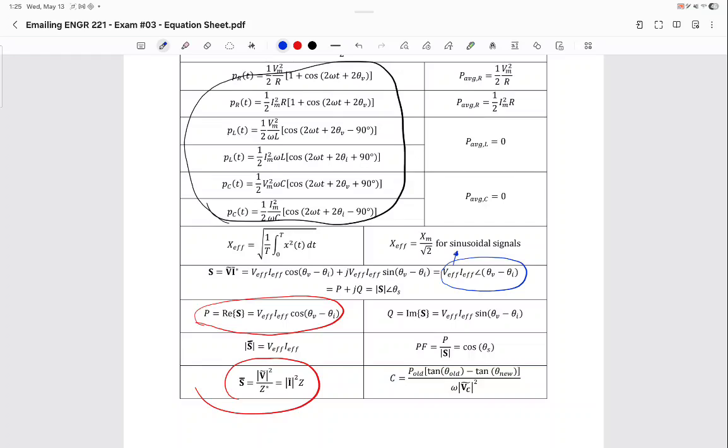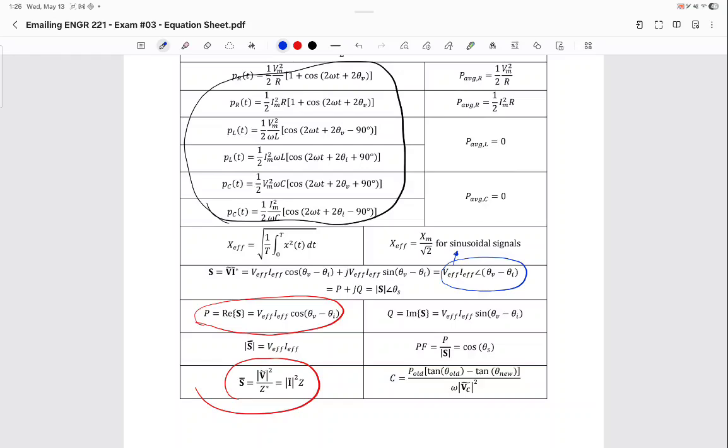V RMS or V effective of the voltage source. Next. 120. Next. 120 over square root. Perfect. 120 over root 2.